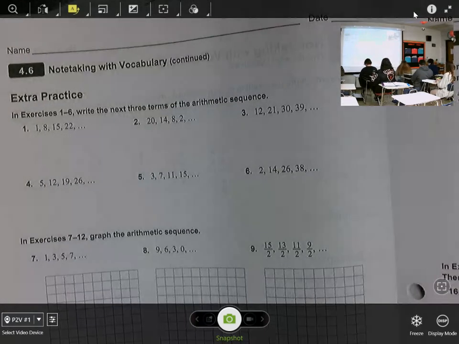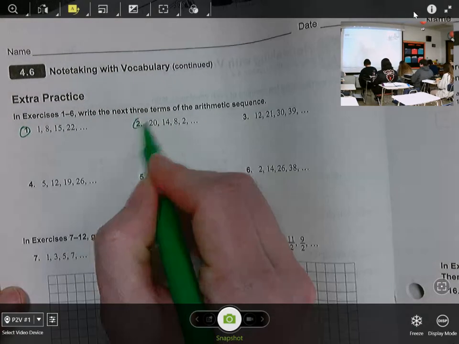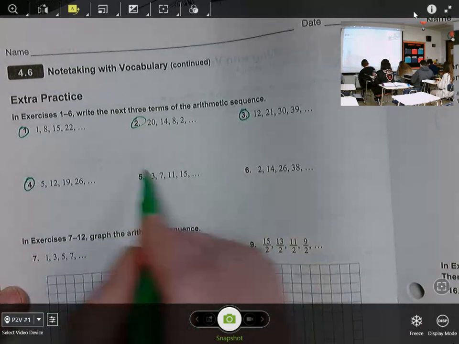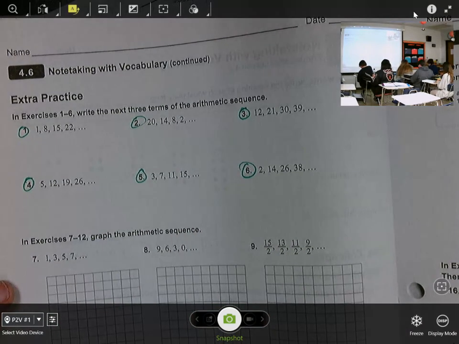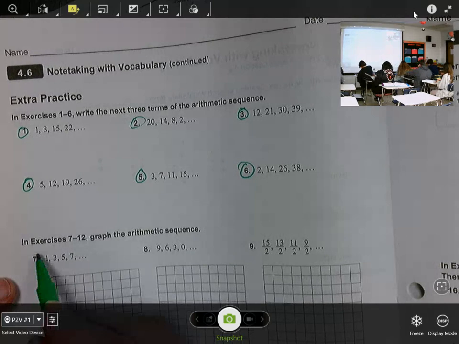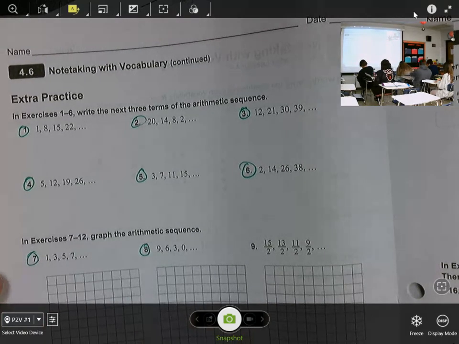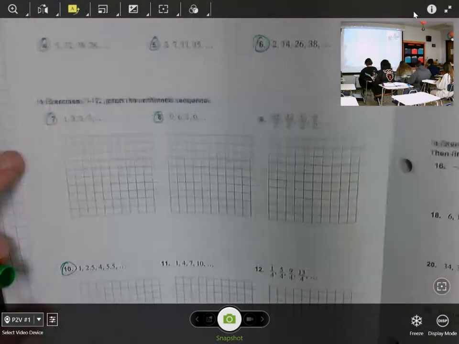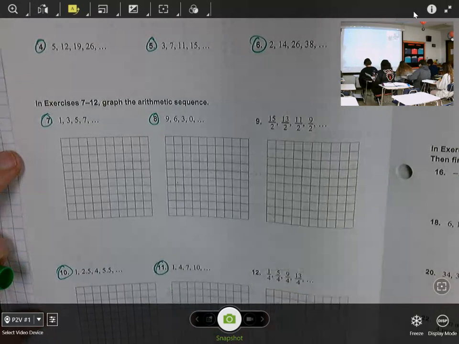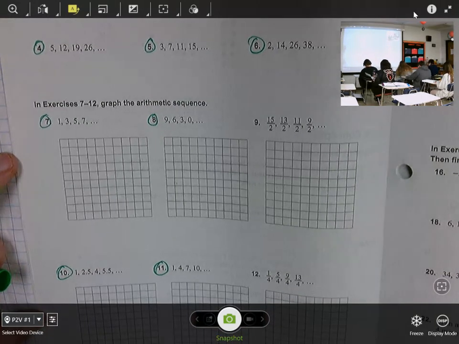You need to do numbers 1 through 6, and then you also need to do numbers 7, 8, and 10. So 1 through 6, and then 7, 8, 10. And let's do 11 as well. So 1, 2, 3, 4, 5, 6, 7, 8, 10, 11.